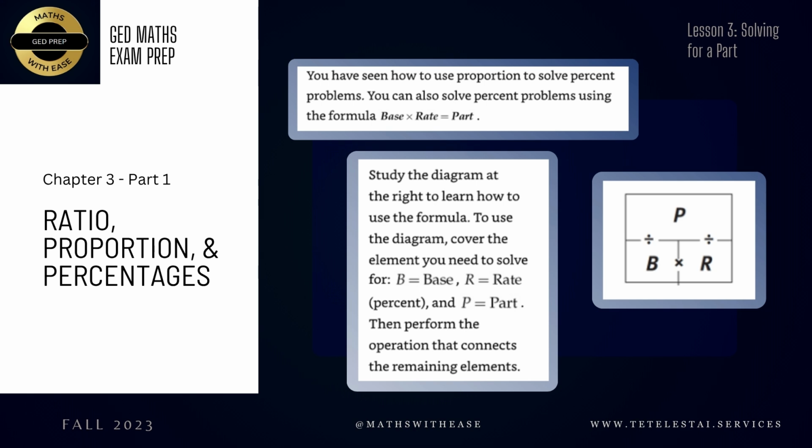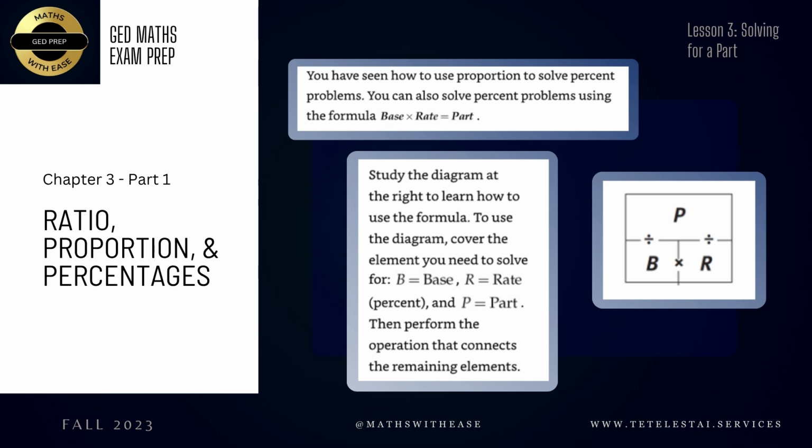For example, B here represents base, R represents the rate, and P represents the part. So if you need to solve for the part, you would just cover the part, and what are you left with? Base times rate, okay?